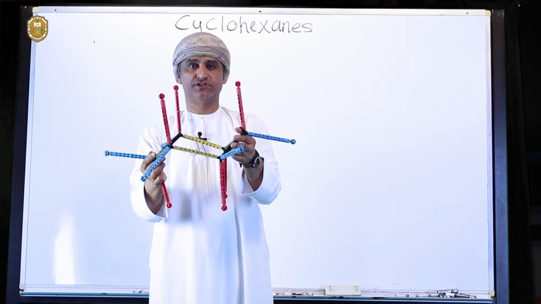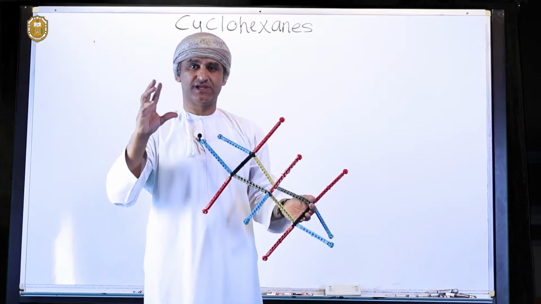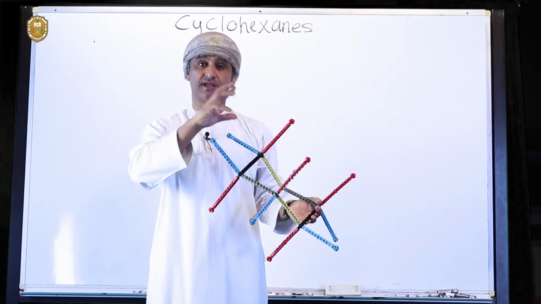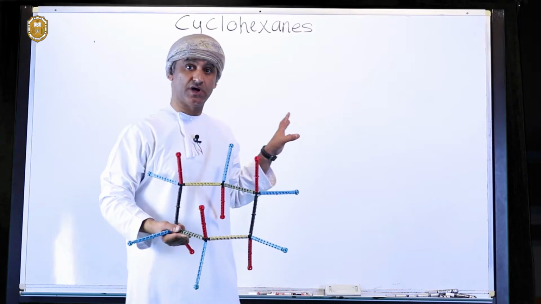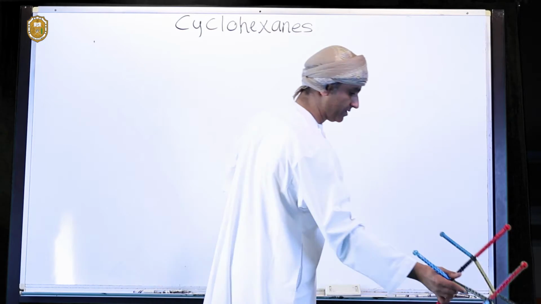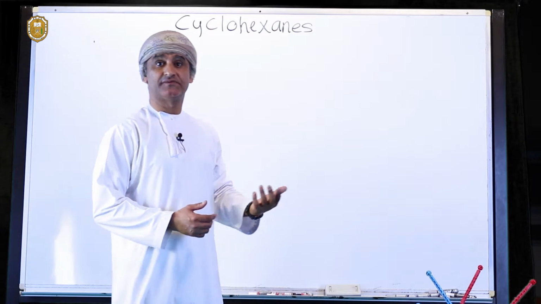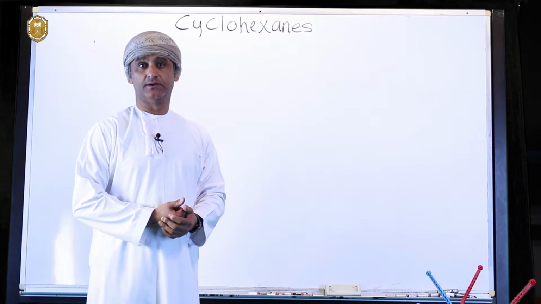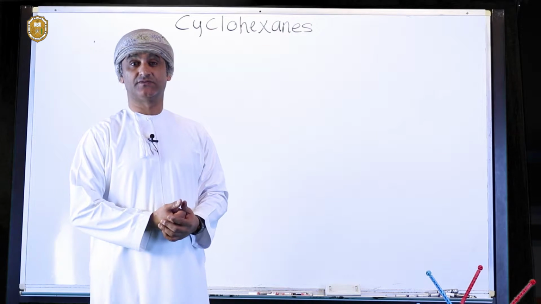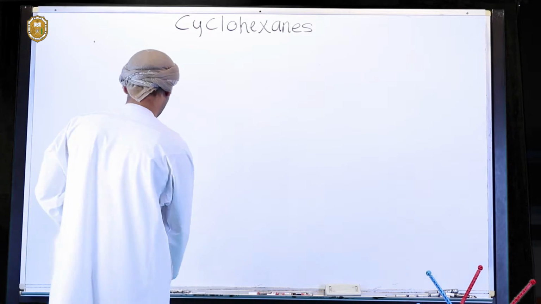So we go from one chair to a boat to another, and whatever axial bond we have in one chair must become equatorial in the other, and vice versa. Let's try to draw them on the whiteboard, for us to acquire the skill of drawing proper cyclohexanes, and also to understand the drawing better.